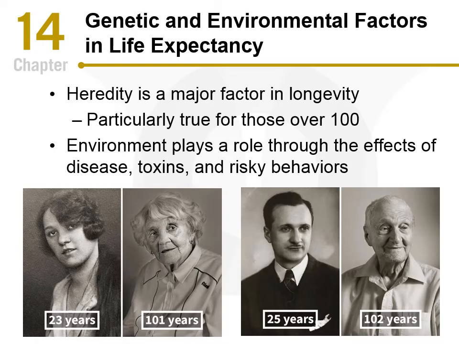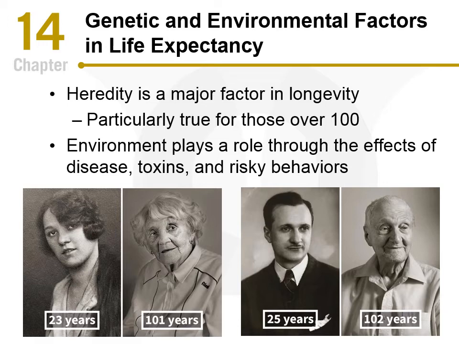We do know, though, that environmental factors have come into play. Things such as smoking and other risky behaviors, toxins that might be in the air, and certain diseases that go around may also result in certain areas having more deaths. As a good example, in Utah, there's a very high risk of breast cancer and breast cancer deaths.